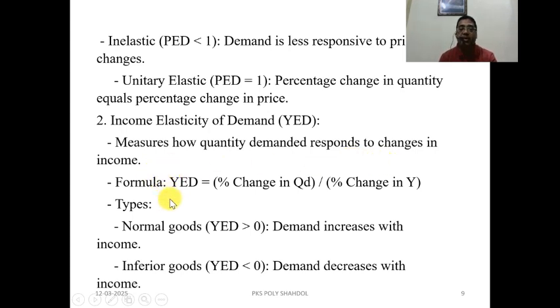Suppose the consumer's income is shown by Y. The formula YED, income elasticity of demand, is equal to percentage change in QD divided by percentage change in Y. If it is a normal good, the value of this factor is greater than 0, meaning positive, that is a normal good, meaning demand increases with income. And if it is less than 0, that is negative, the demand decreases with income.